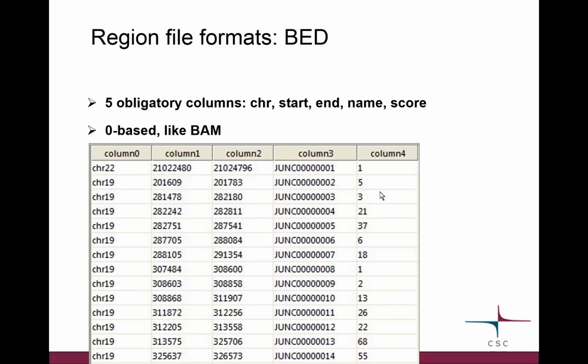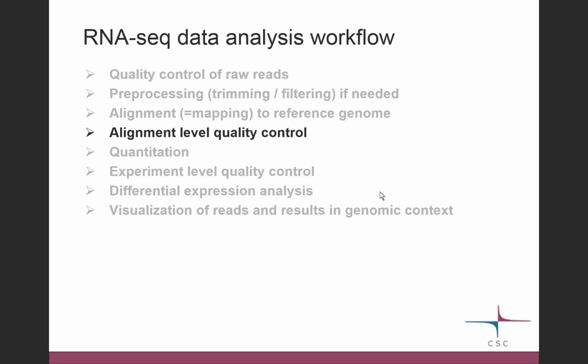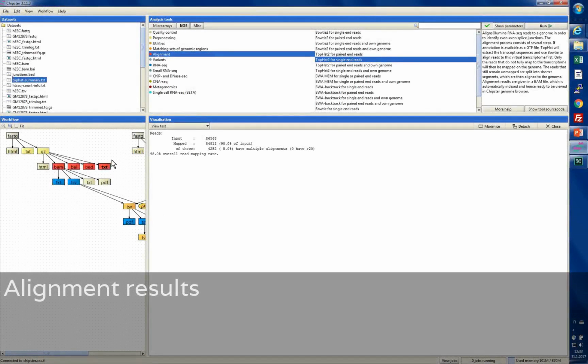So later on today we will have a BED file containing differentially expressed genes. Then our score is going to be the fold change of the expression. So you should have these four red boxes corresponding to the results.